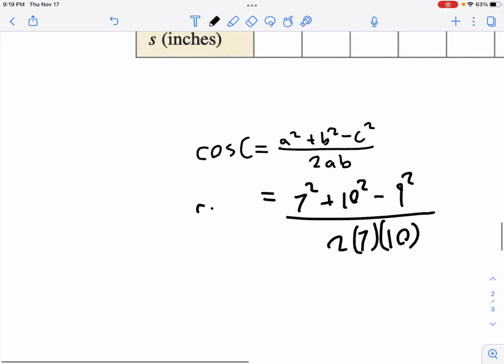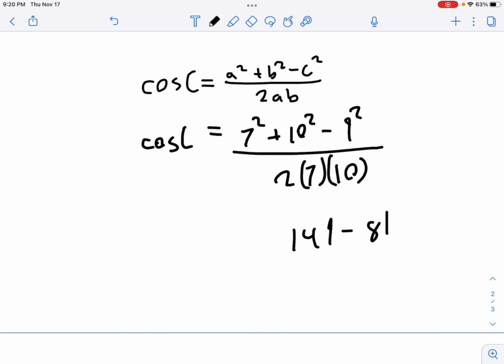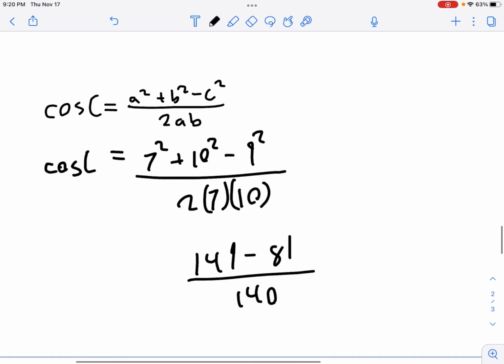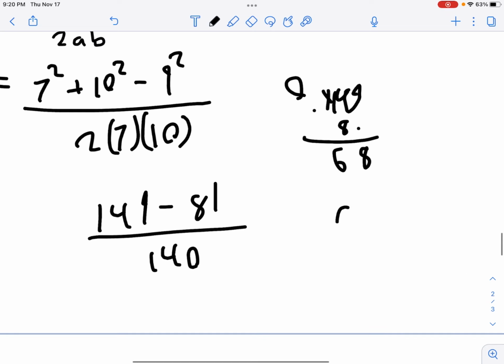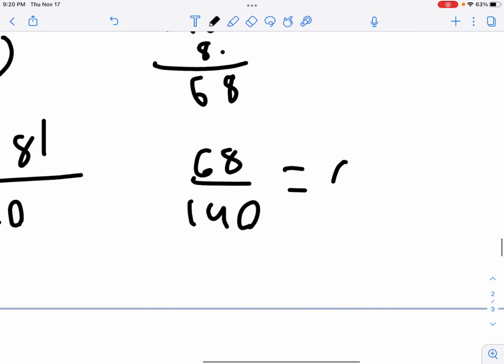It equals cos C. So 49 plus 100 is 149, minus 81, over 140. So 68 over 140. And now it equals cos C.